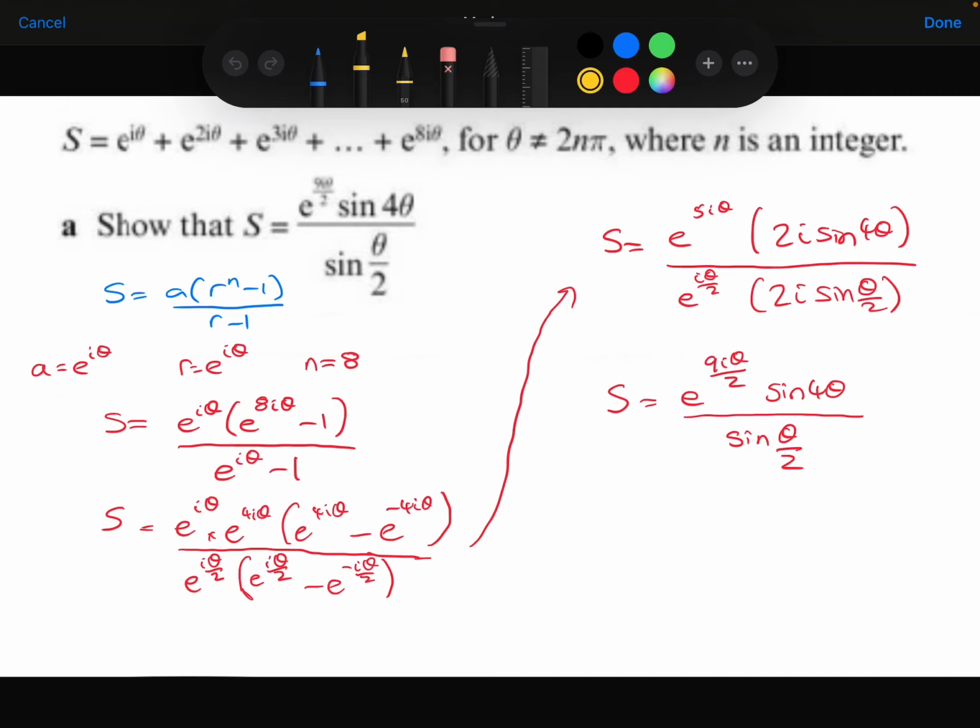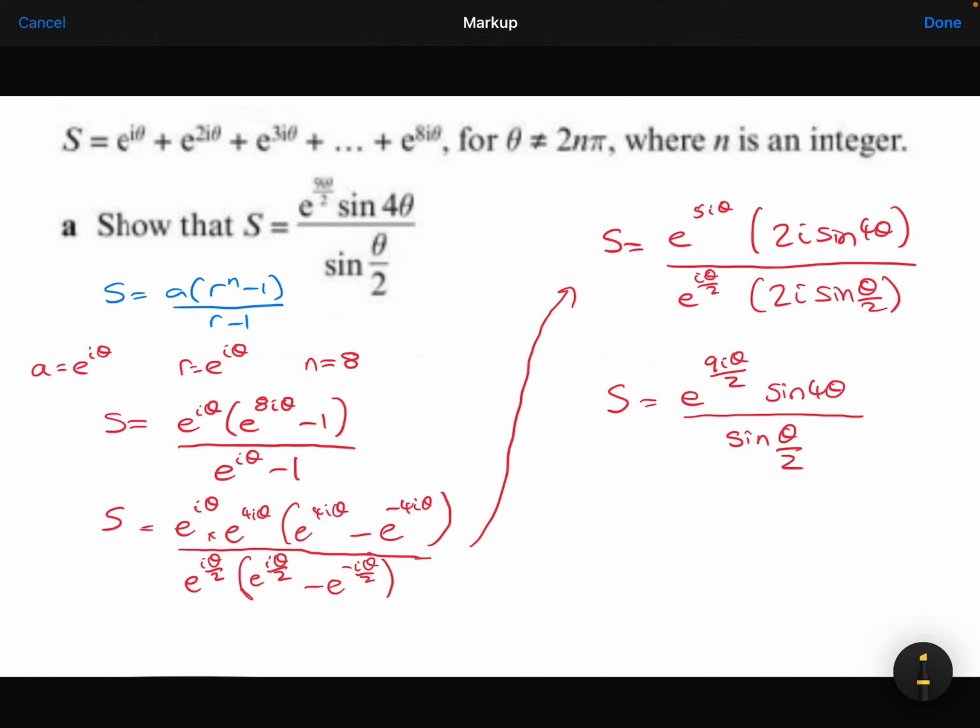First thing to note is this is a geometric series, because we've got first term e to the i theta, and then each time we're multiplying by e to the i theta. E to the i theta times e to the i theta is e to the 2i theta.